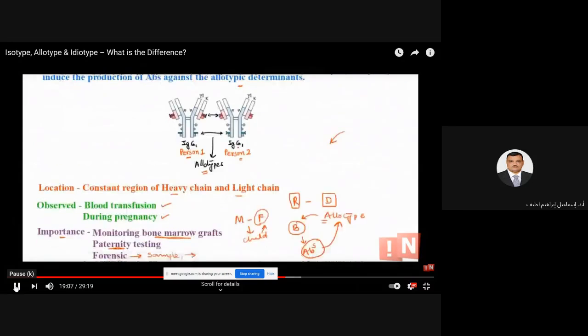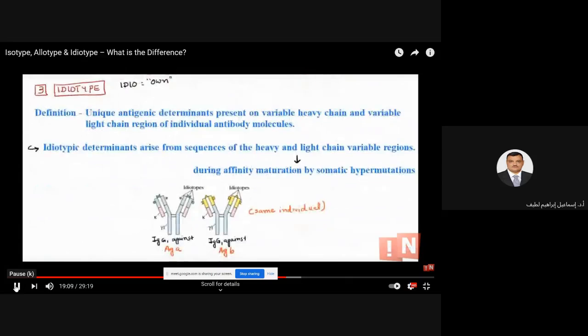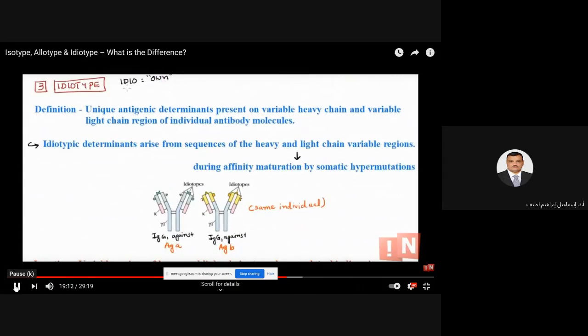Let's move a little further and go to idiotype. Again, the meaning of the word idio is own or very peculiar. Now, what happens when we encounter any antigen? The B cells, based on what type of antigen it is, will start producing specific antibodies against it. Very, very specific antibodies, because it will undergo affinity maturation. There will be somatic hypermutations and rearrangement of genes, resulting in very, very specific antibodies against that particular antigen.